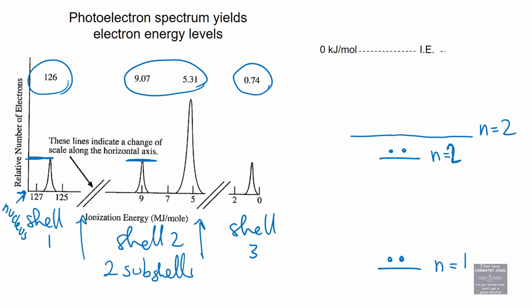Remember, our ionization energy is the energy required to get up to the 0 line up there. So if I total it up, we've actually already discovered that the second shell holds 8 electrons. So if 2 were already found in this first peak, it must mean there are 6 in the second peak. 1, 2, 3, 4, 5, 6. Yep. 6 electrons in the second peak.